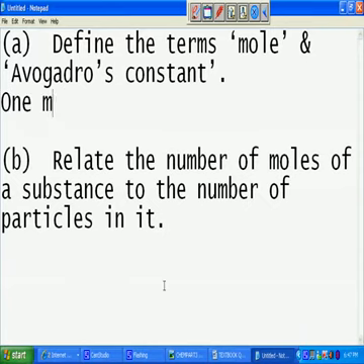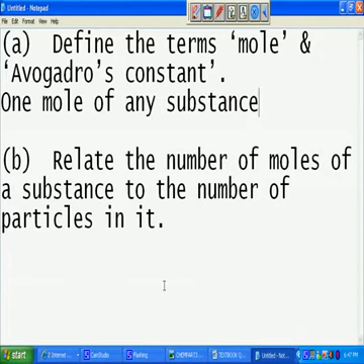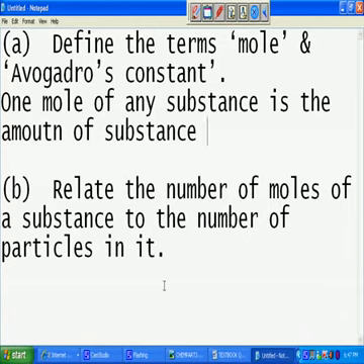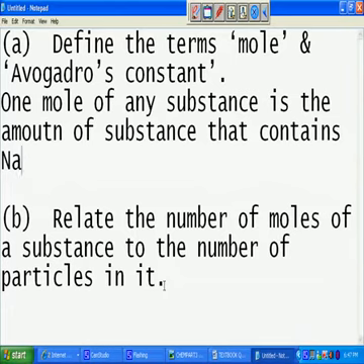Alright, so 1 mole of any substance is the amount of substance that contains Na, the small a, Avogadro's constant, the number of particles.